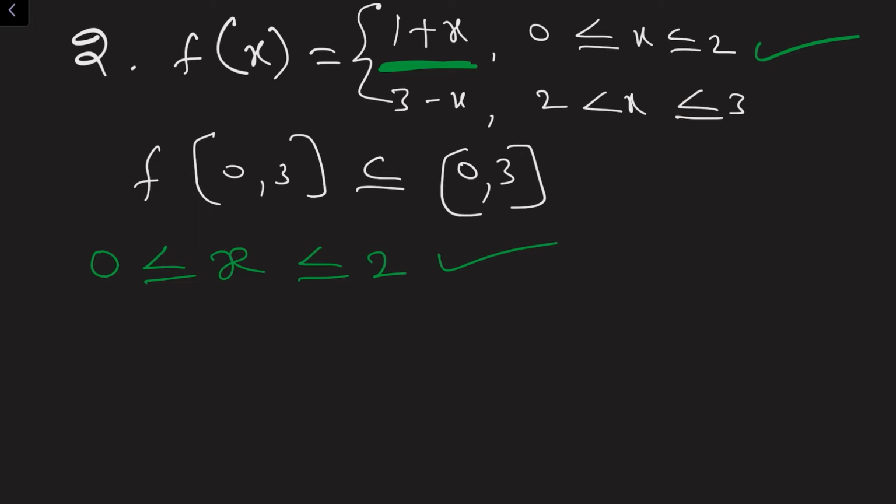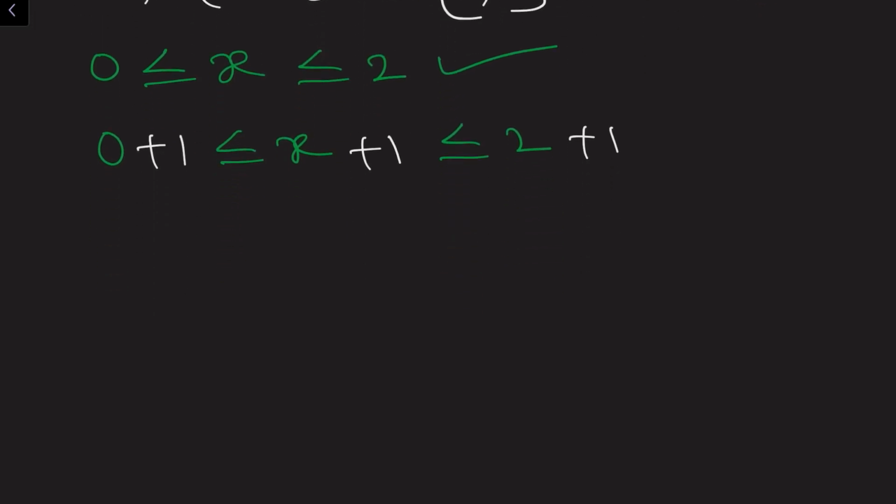So we get 0 plus 1 less than or equal to x plus 1 less than or equal to 2 plus 1. For every term I am adding plus 1. So we will get 1 less than or equal to x plus 1 less than or equal to 3.